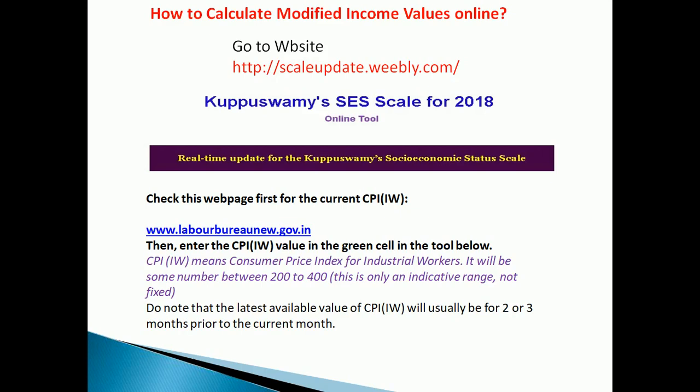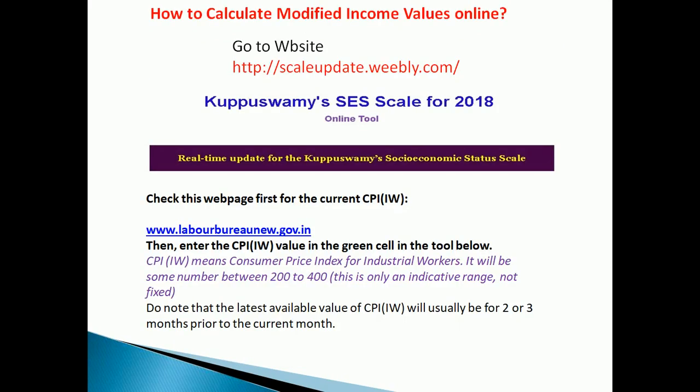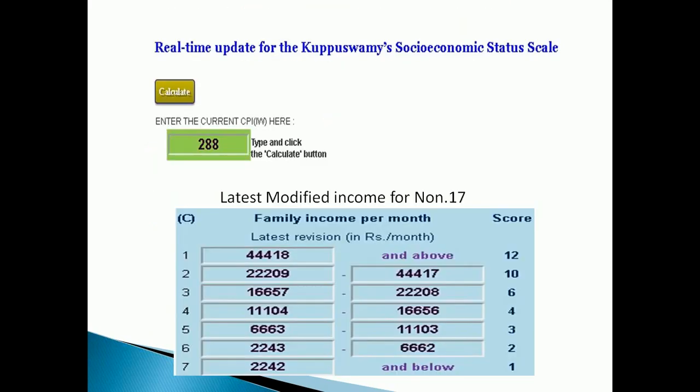You just have to go there and search for the CPI value on the website given below. Then you put it in the real-time update of the Kuppuswamy socioeconomic status scale, the CPI-IW value, that is, the consumer price index for industrial workers. I have put in the November 2017 value, 288, the CPI value in India.